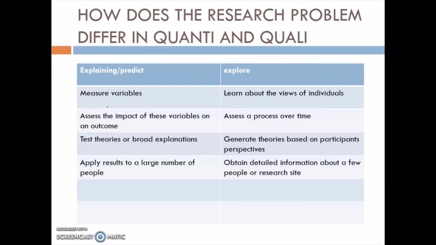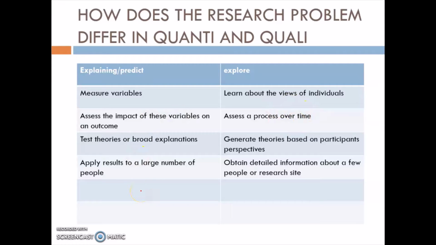It can be measured, while in qualitative, it's looking more for the views or perspectives of the people. Next, the aim is to assess the impact of the variables and the outcomes, looking for cause and effect. But for quali, it looks for the changes that happen in the process over time.